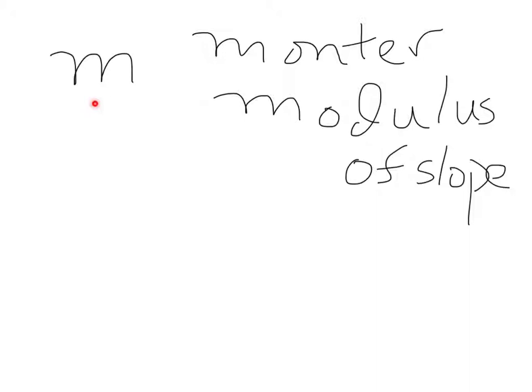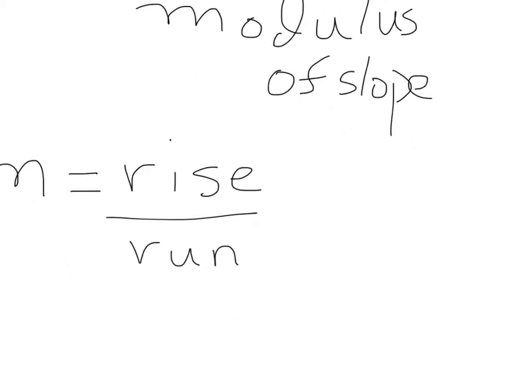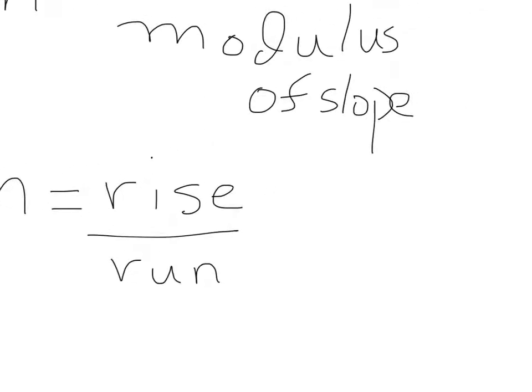So when we're doing the formula for slope, we will say m equals the rise divided by the run. But of course, when we're talking about points, ordered pairs in a coordinate grid, we have a much more specific way of looking at what rise is.